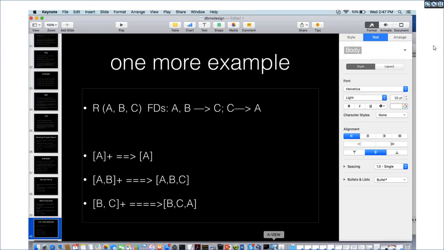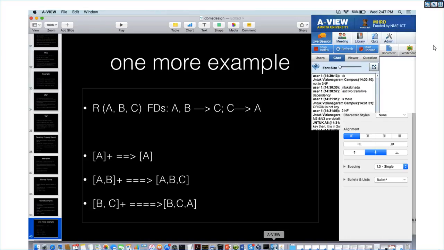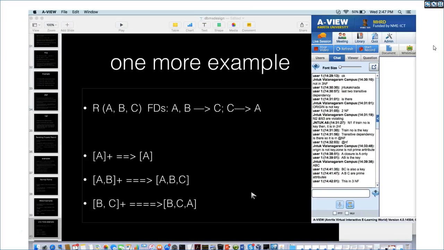Somebody is jumping the gun. Yes. This relationship is in 3NF.